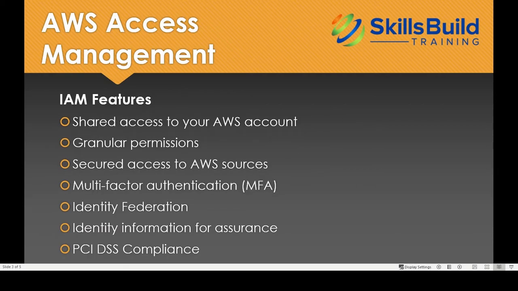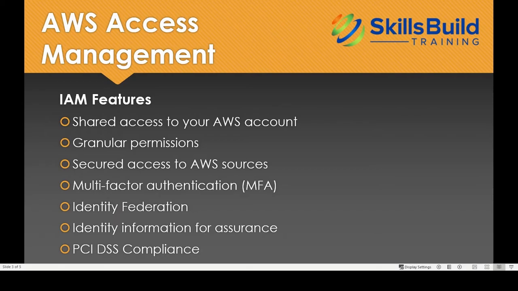So IAM at Amazon Web Services offers you the following features. First, shared access to your AWS account. Without sharing your password, you can grant others permission to administer as well as use the resources in your AWS account. Second is granular permissions.